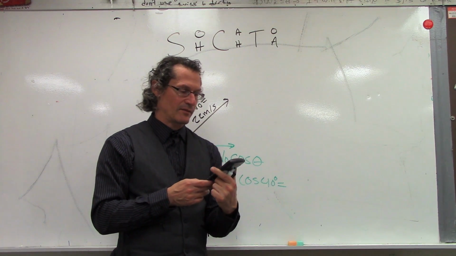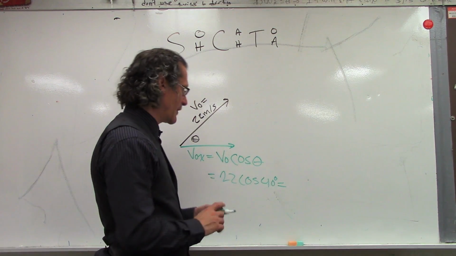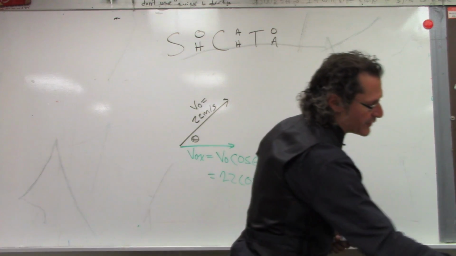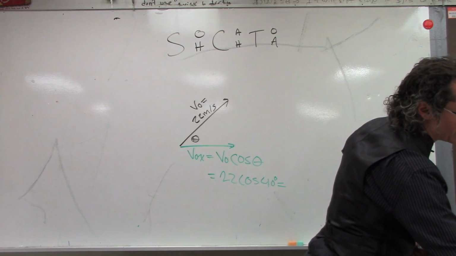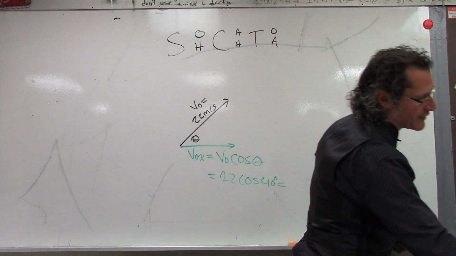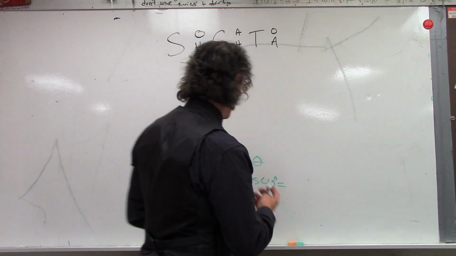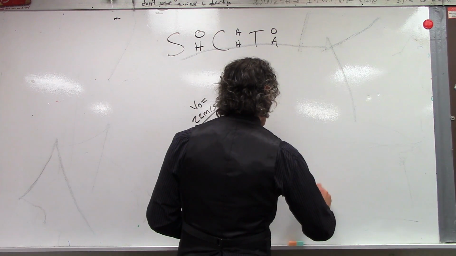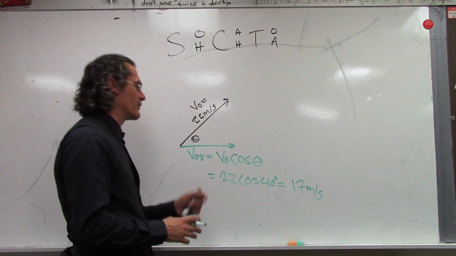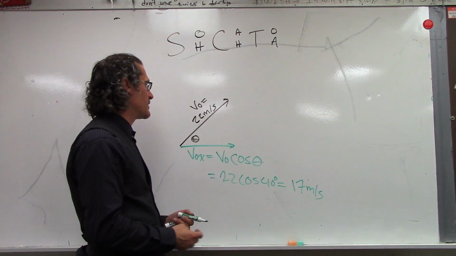And we got about 16.85. That's fine. I bet your book will round it. I could just look here, right? But I wanted to do it for myself. Oh, they just rounded to 17. Beautiful thing. So this is about 17 meters per second. So the amount of horizontal velocity is 17.